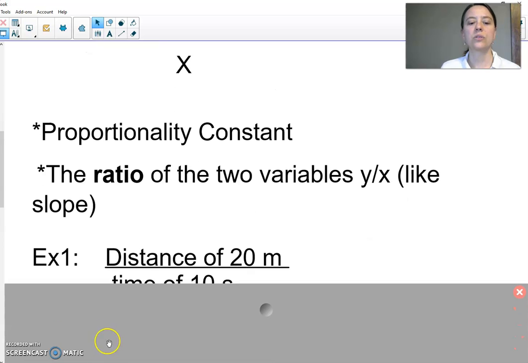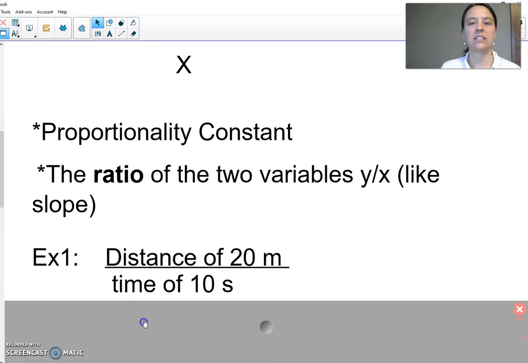So let's go through an example, and please write this down. Example 1, you have a distance of 20 meters, so that would be our change in y, and a time of 10 seconds, and that would be our change in x. So what is the ratio of the two?